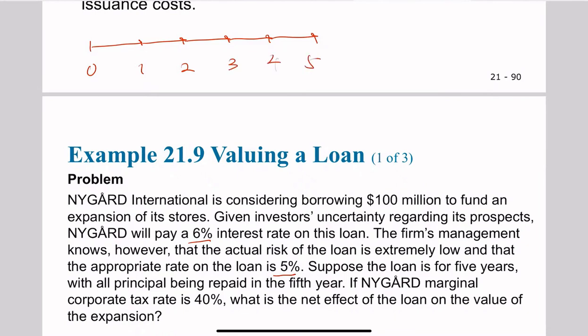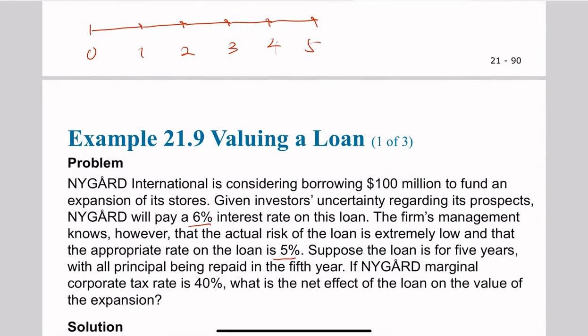So this is a 5-year investment, and the firm borrowed $100 million. So you can see that the face value of this debt is $100 million, right? And the interest rate is 6%. So let's assume the interest payment will be made at the end of the year.